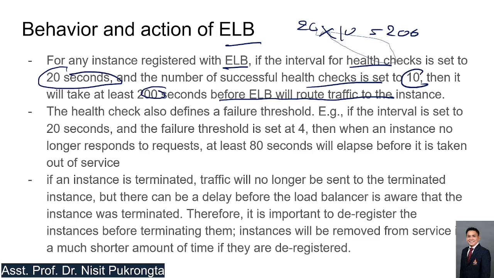The health check also defines the failure threshold. For example, if the interval is set to 20 seconds and the failure threshold is set to 4, then when the instance no longer responds to requests, at least 80 seconds will elapse before it is taken out of service.